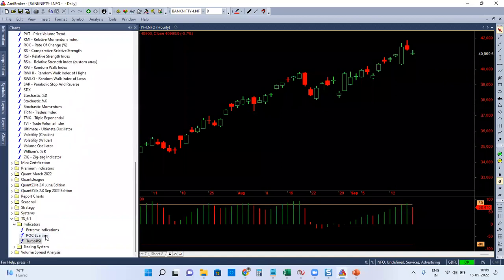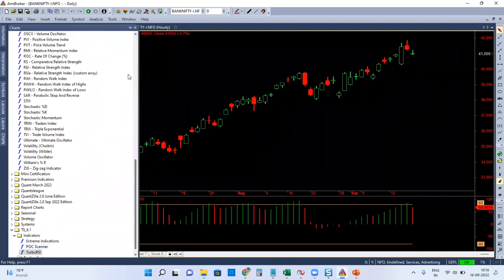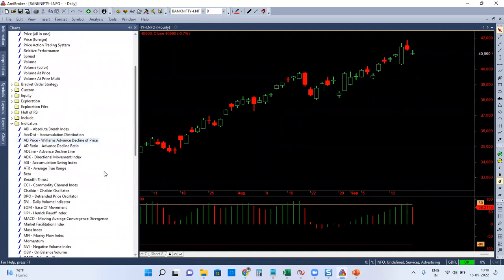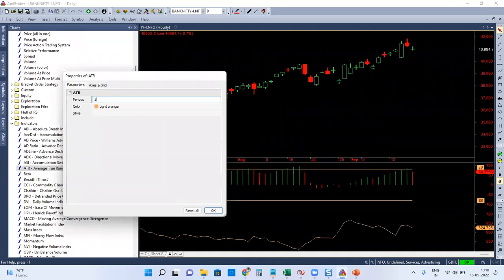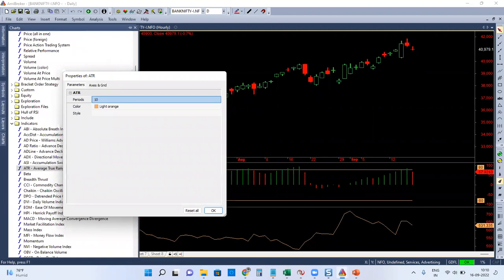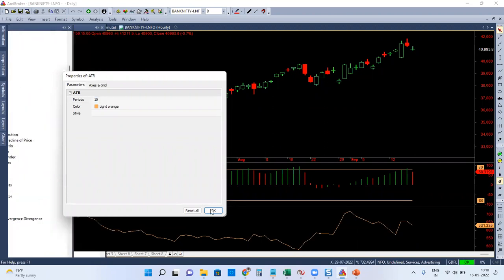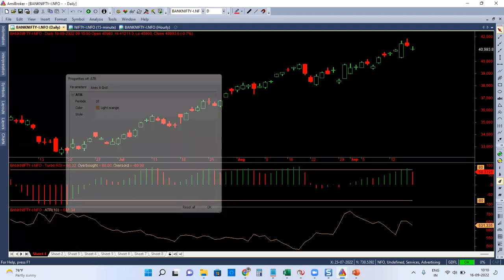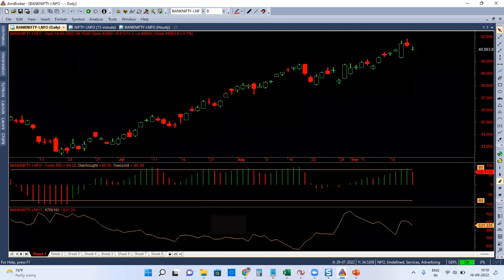So here, I have to bring up the ATR charts. Bank Nifty is not showing much volatility, but definitely Nifty would have shown volatility here.